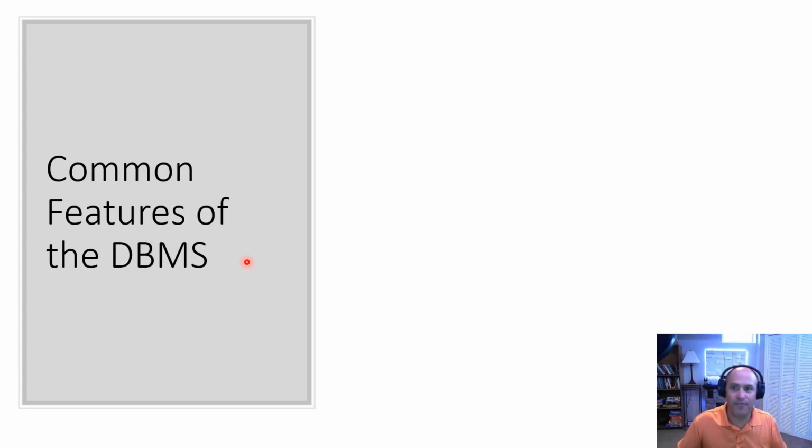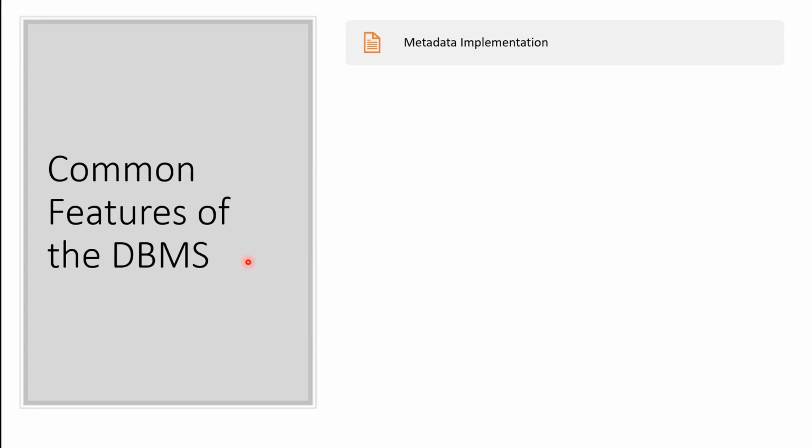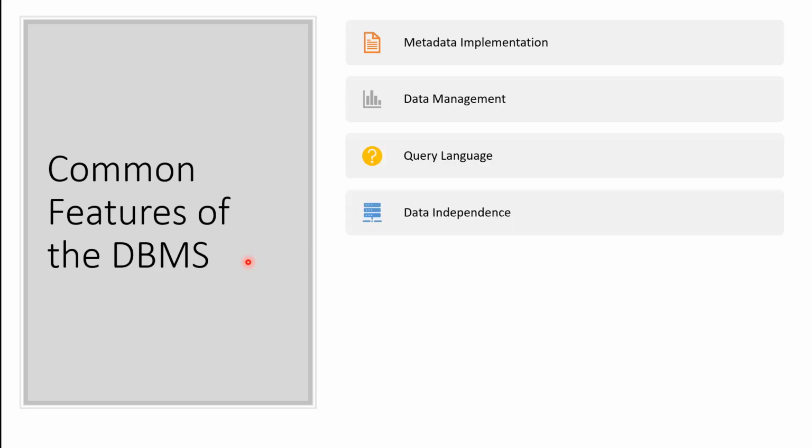So, common features of the DBMS. We have metadata implementation, data management, a query language that is a means to get the data, to get the information out. Data independence. This means that the way that the data actually gets stored by the database management system is independent from the commands you use to retrieve it. You do not need to know anything about the actual way that the data gets stored in a database management system.